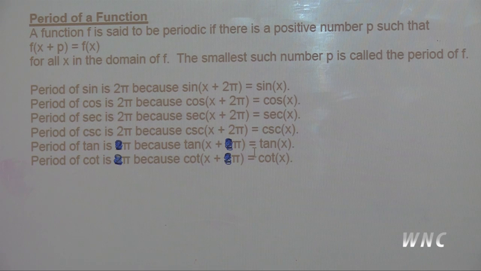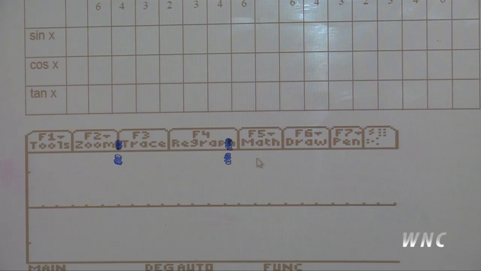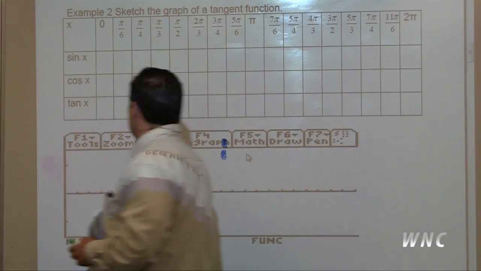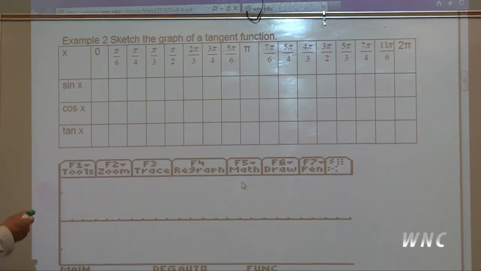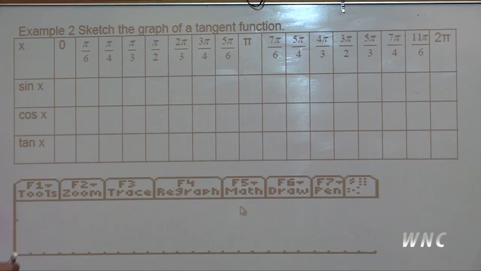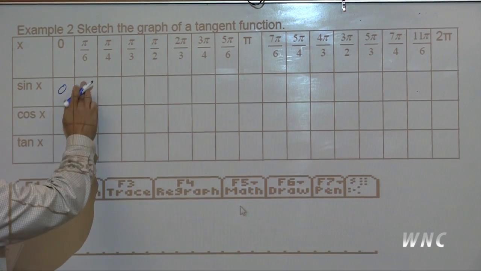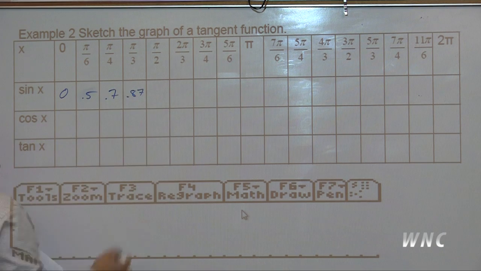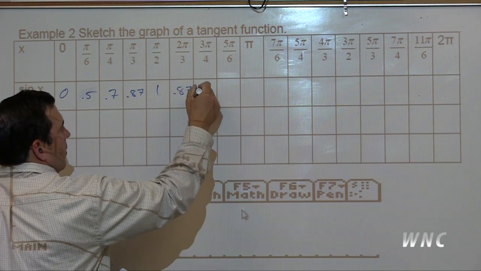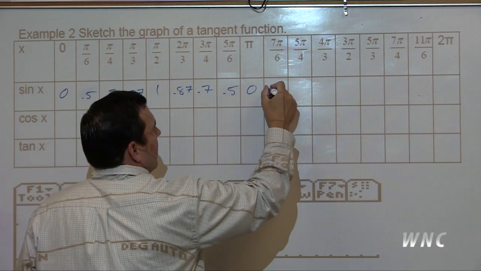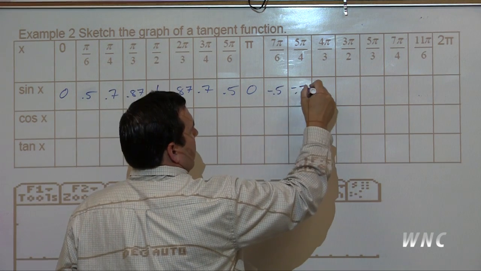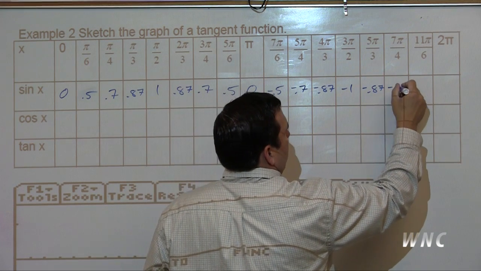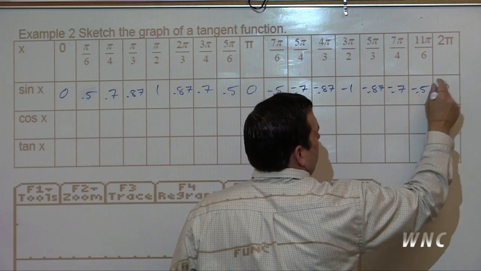So the next thing we're going to graph is a tangent function. So we'll have the sine, the cosine, and get the tangent from that. Okay, I'm going to go with the decimals here, just to abbreviate and make this quick. Fill in the chart for sine: 0.5, 0.7, 0.87, 1, 0.87, 0.7, 0.5, 0, negative 0.5, negative 0.7, negative 0.87, negative 1, negative 0.87, negative 0.7, negative 0.5, and 0.